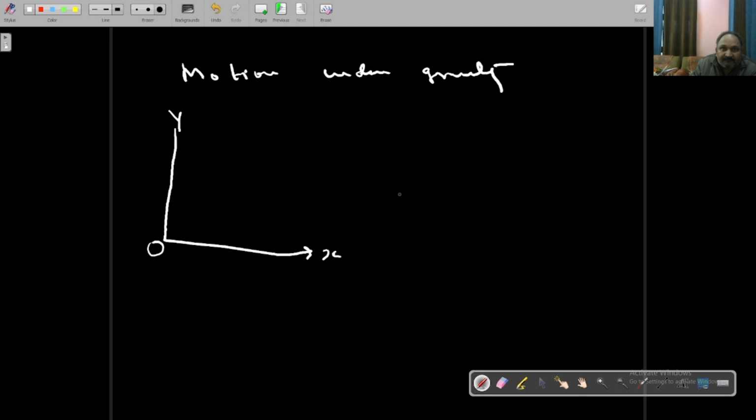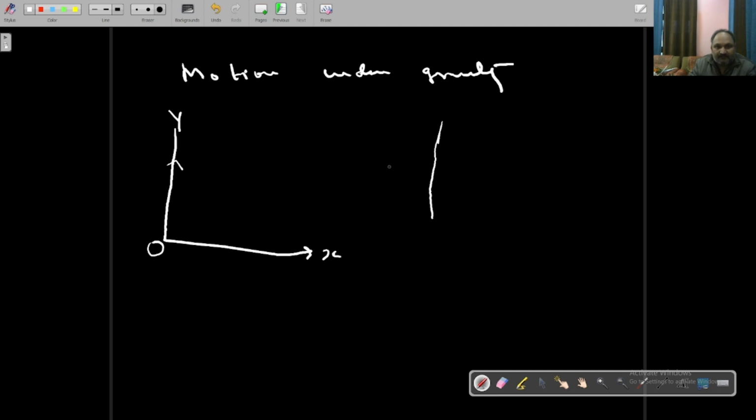Here, in case of motion under gravity, if an object is thrown upwards, it moves up till its velocity reaches 0, and if you drop a stone from a cliff, then it travels in a vertical direction. That means here, in motion under gravity, the motion is along the y-axis.